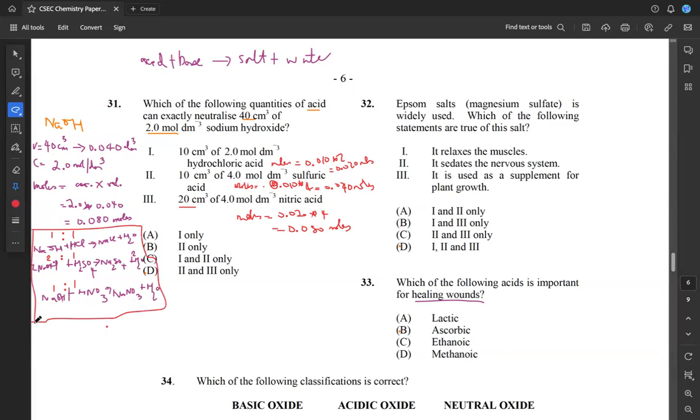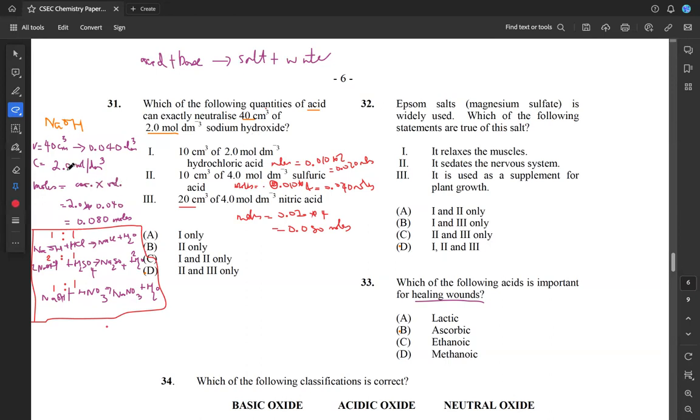Now, once we get our mole ratios, what we have to do is say, okay, how many moles of sodium hydroxide do I have? They gave us the volume of sodium hydroxide that we're going to try to neutralize with the acid, and they gave us the concentration of that sodium hydroxide. If we want to find moles, we know that moles is equal to concentration times volume.